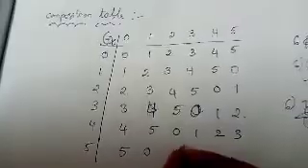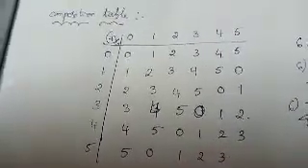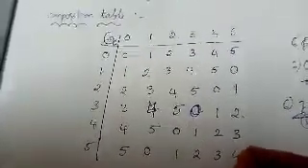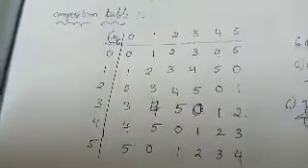So when we apply addition modulo 6, here we write 0 1 2, then 3 4 5 0 1 2 3. So here 5 plus 0 is 5, 5 plus 1 gives remainder 0, then 1, 2, here 3, and here the value is 4. So this is the composition table of the given set of elements.